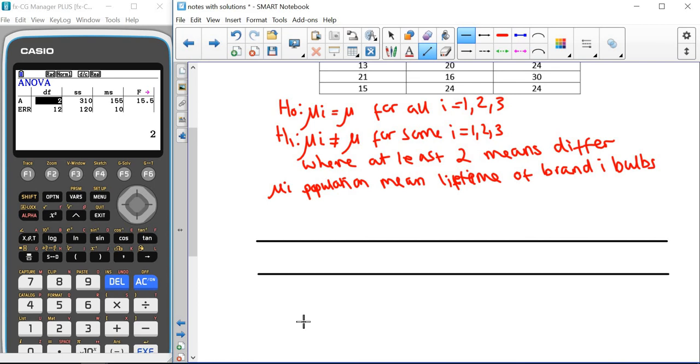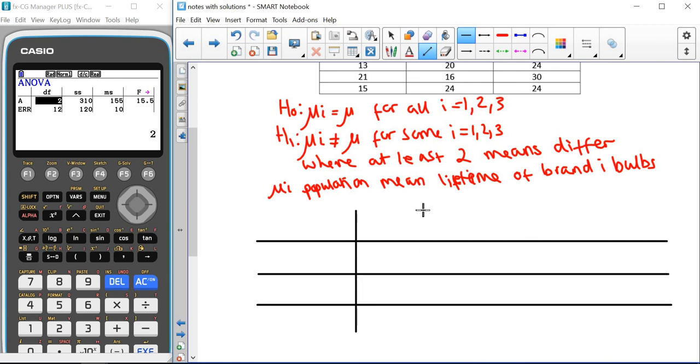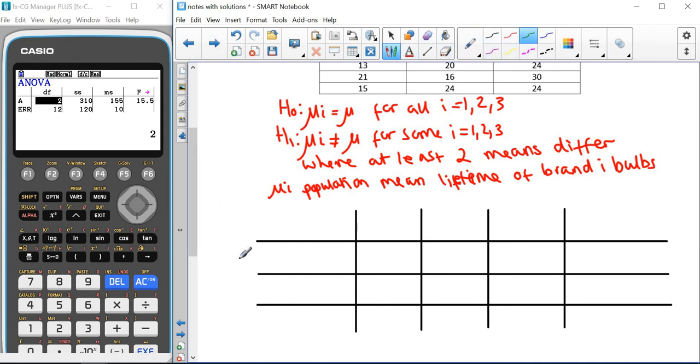Now, to make sure we get the marks in the exam, we do have to write the table down, and it's a good idea to add in a row for the totals as well, because if you remember, we had to have our row for the totals when we did it the longhand way. So we're going to have between the brands, within the brands, and total.